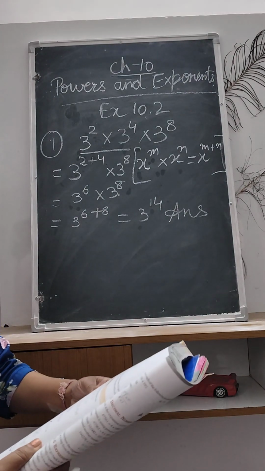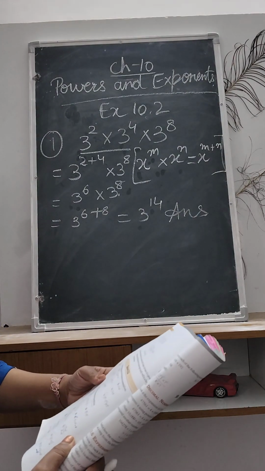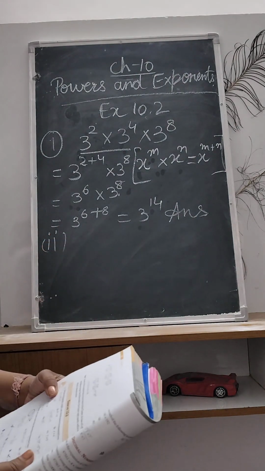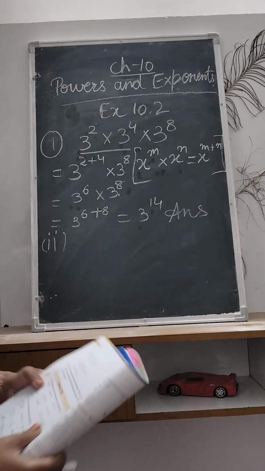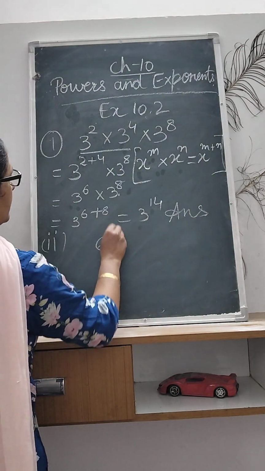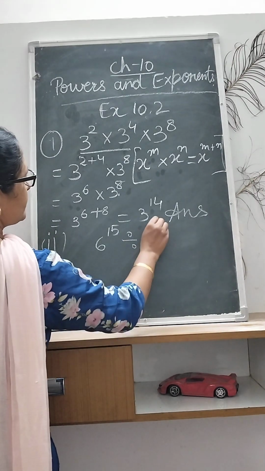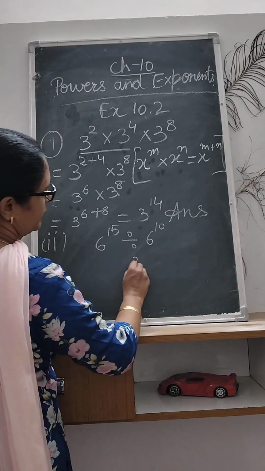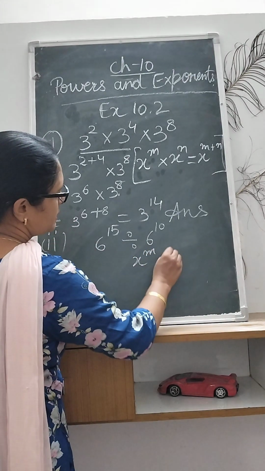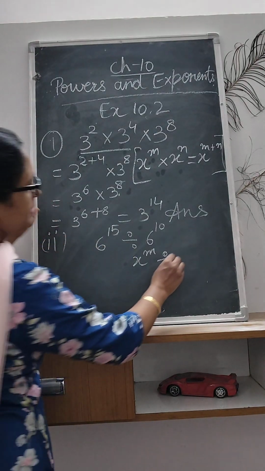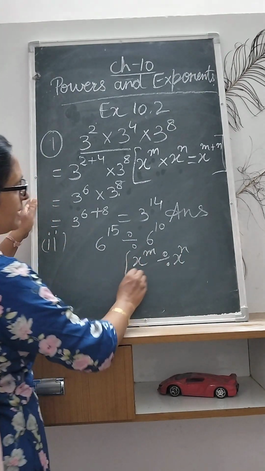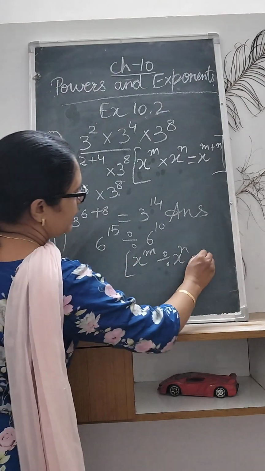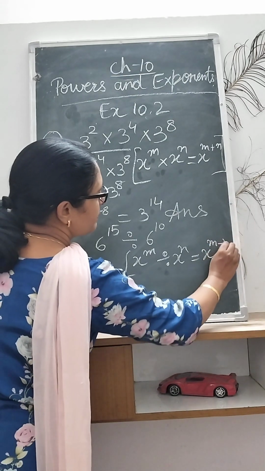Now one more sum of the type division. If we continue with the second part, if you see in the second part it is written 6 raised to power 15 divided by 6 raised to power 10. Okay, now as you know, the second law of exponents is if the powers are different and bases are same and in between which operator is a division, then powers are subtracted.